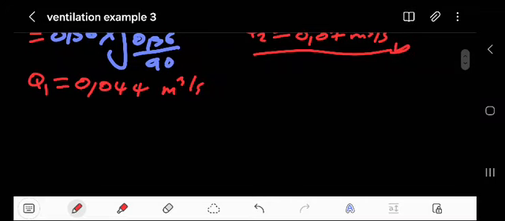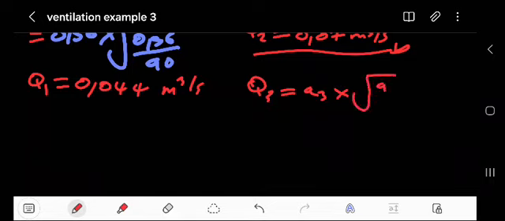Same thing, then Q3 will be area 3 multiplied by the square root of area 3 over S3. I think you have seen now the steps it takes. So now we know area 3 is 0.935 here.